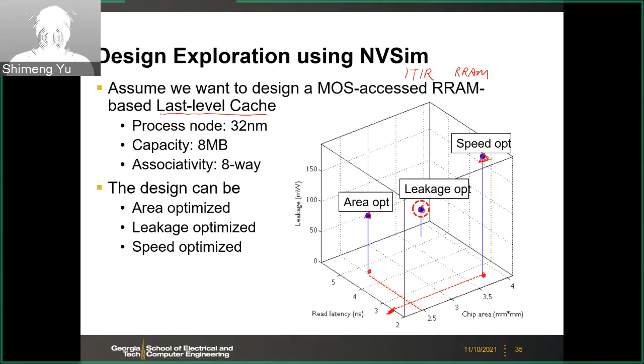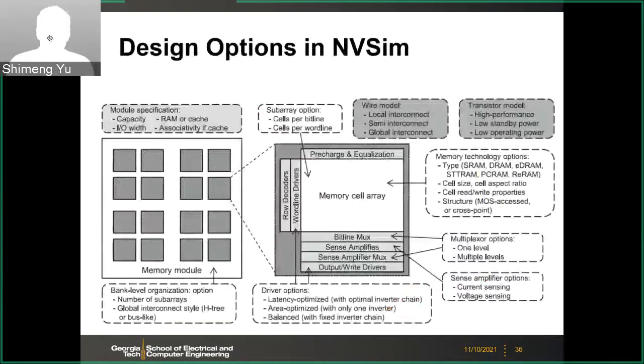So let's look at the design options in the NVSim tool. At a higher level, you want to identify the capacity of the total memory, and whether you design it as RAM or as a cache, because if you design it as a cache, then you need to define the associativity. Then the I/O width, that means the interface number of bits, like 8 bits, 16, or 64.